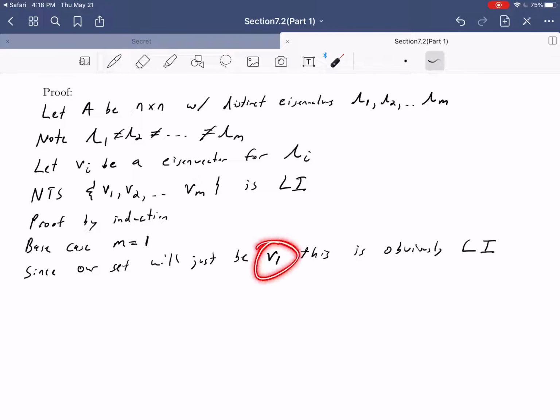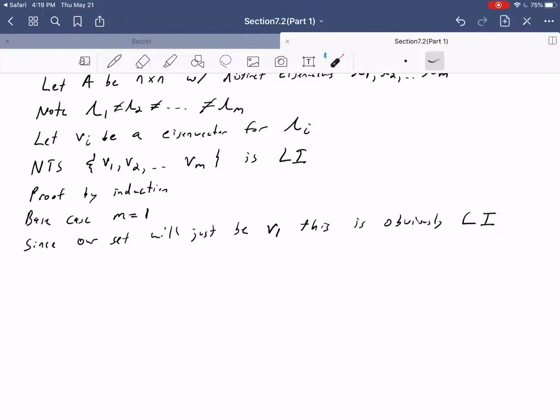The only way that a single vector could be linearly dependent is if that vector was the zero vector. But remember, when we're talking about eigenvectors, we're talking about the non-zero solutions. So v1, by itself, is going to be linearly independent. So that's our base case.